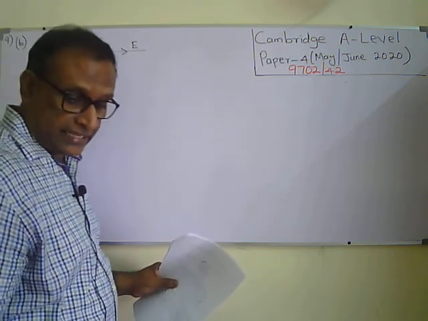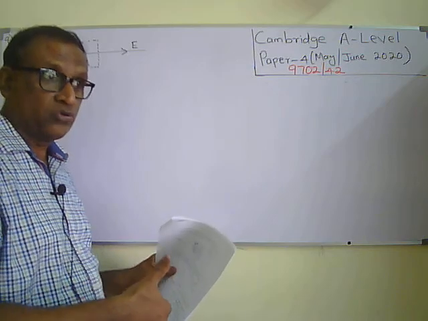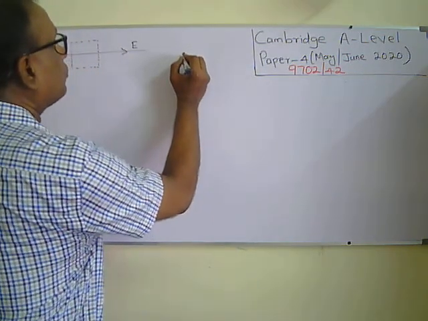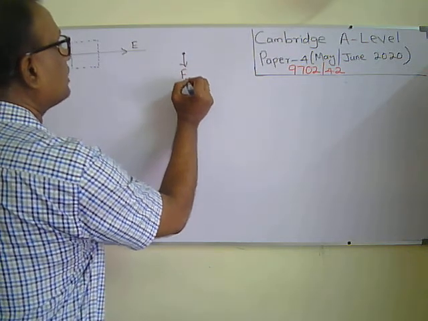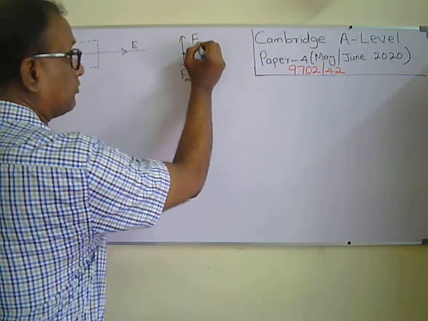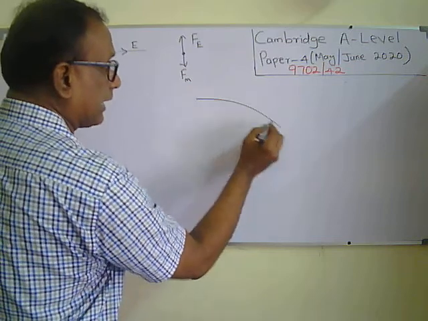So to balance that force, the electron should experience an electrostatic force in the upward direction. So if you consider the electron, we already know it has magnetic force downwards. So to balance it, it should have electrostatic force upwards. How do I know magnetic force is downwards? Because it was bent like this.